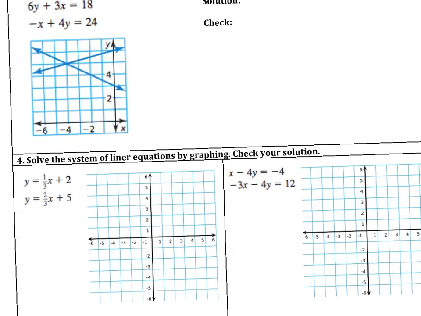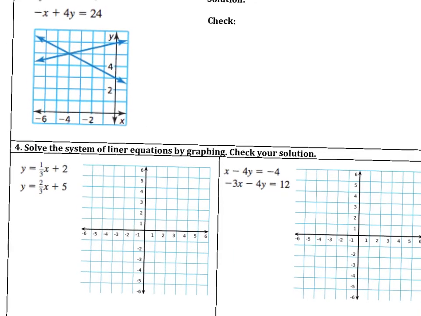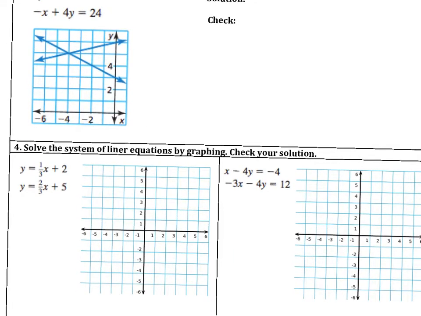All right, down here, use the graph to find the solution to the system of linear equations and then check. So we're kind of doing exactly the same thing that we did above, except instead of being given the point, we have to go find it on the graph. So remember, that solution is where those two lines intersect.